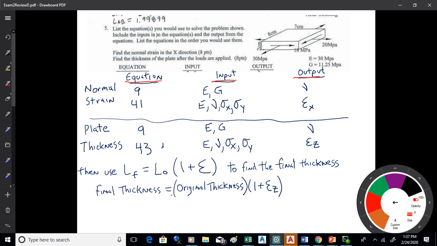Once I've got that, I can use the Hooke's law first equation, epsilon x equals 1 over E times sigma x minus nu sigma y. I'm going to put in E, nu, sigma x and sigma y, and what I would get out of that would be epsilon x.